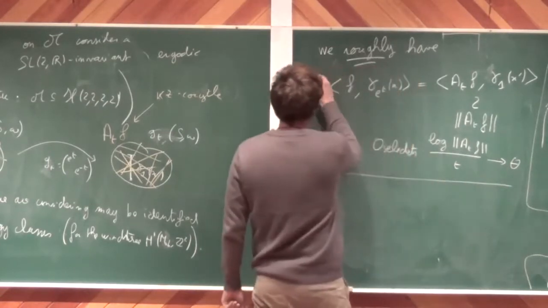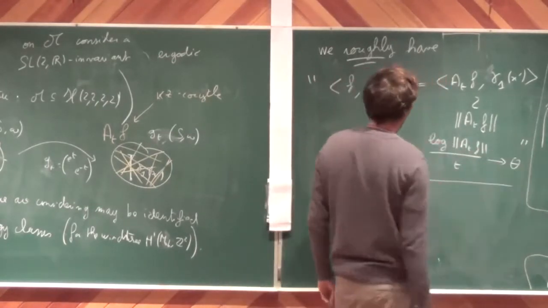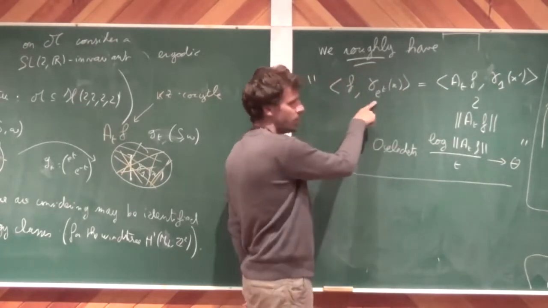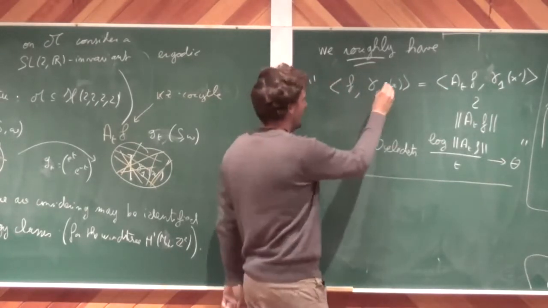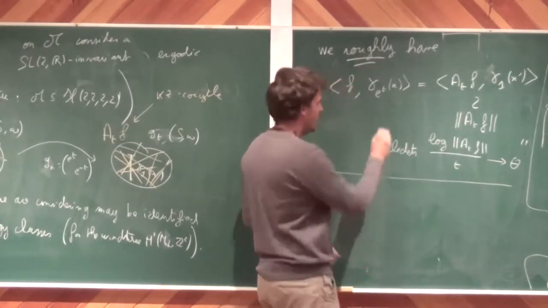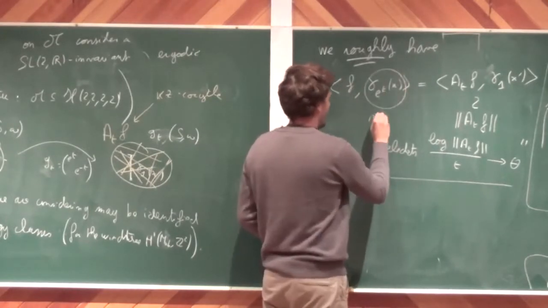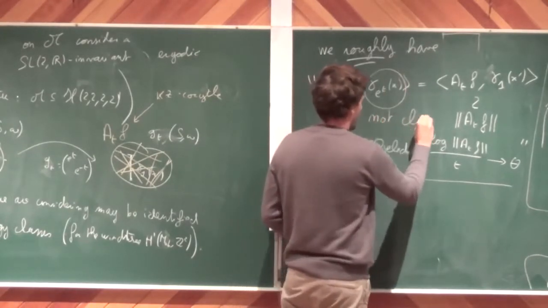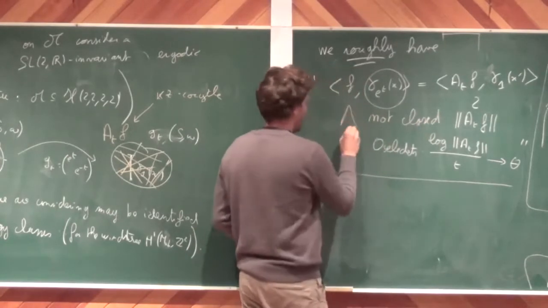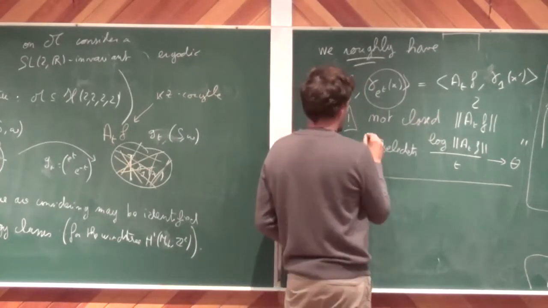So this is not an explanation. And why? This is because gamma T is not a closed curve. So you can have an intersection.